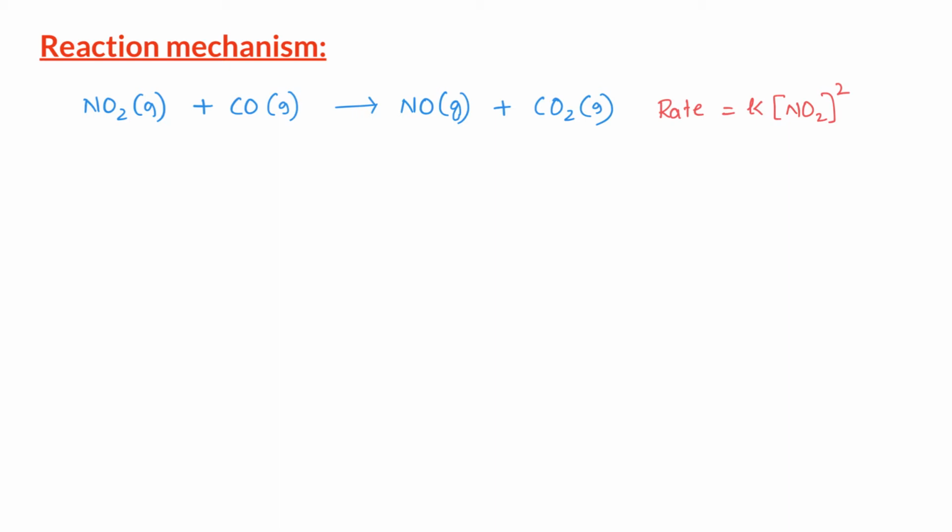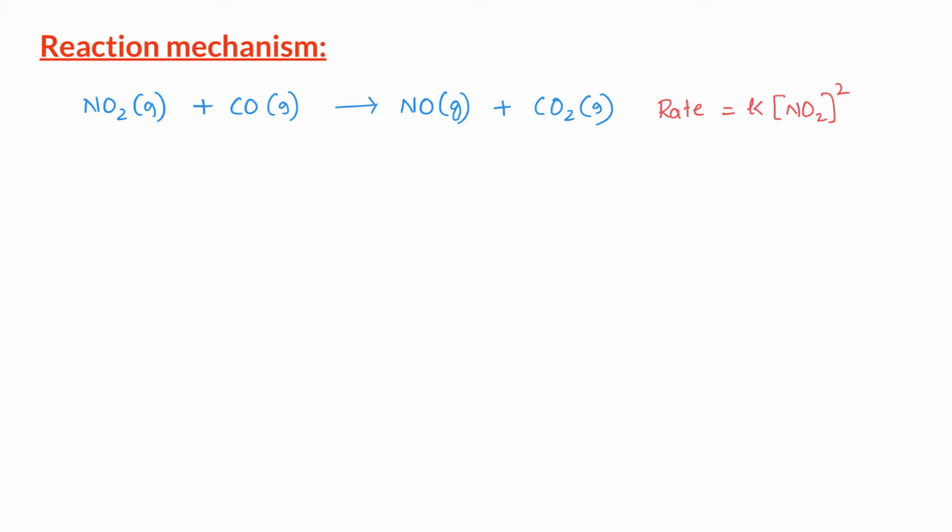That is, the reaction is second order with respect to NO2 and zero order with respect to carbon monoxide. Now, even though carbon monoxide is a reactant of the equation, the reaction rate does not depend on the concentration of carbon monoxide.